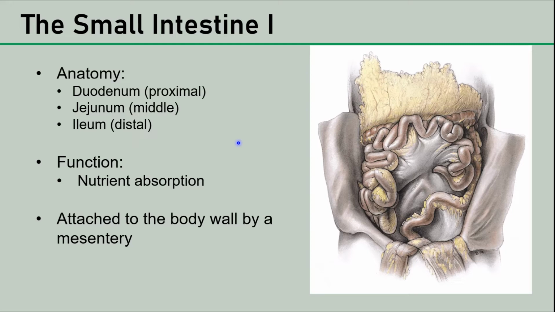A small interesting fact that I particularly love is the amount of films that get this wrong. So what we have attaching our intestine to the back wall, the posterior wall of the abdomen, is this mesentery. So we can see here, like this kind of tissuey, fascia-y kind of material that attaches the intestine to the back wall.